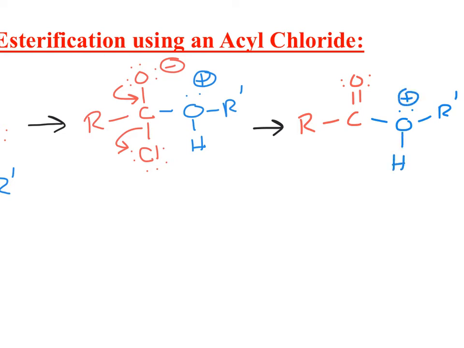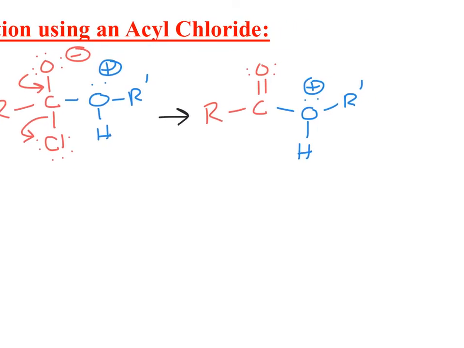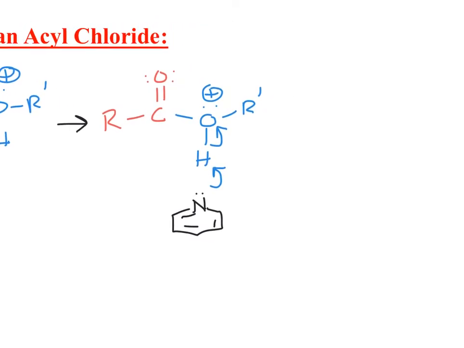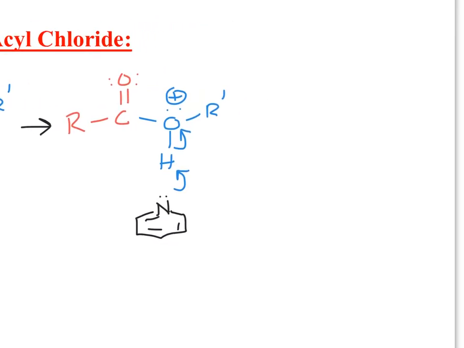And this is where the pyridine comes into play. It's going to deprotonate the oxygen here. Come in, grab that hydrogen, and at this point that yields our final product, which would be an ester.